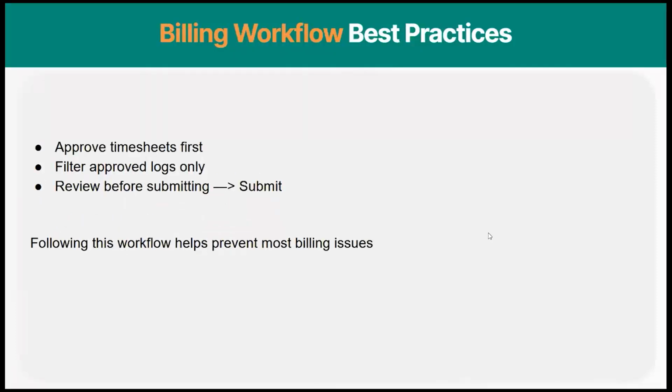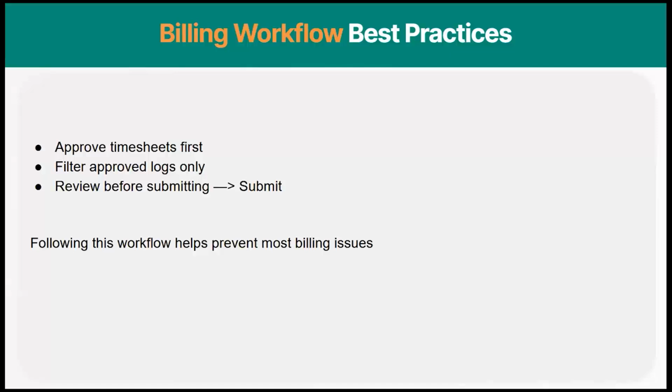For billing workflow best practices, we recommend following these simple steps consistently to reduce errors and denials. First, always approve timesheets before billing. Second, use a filter and review only the approved logs. Third, always review everything, especially the hours.